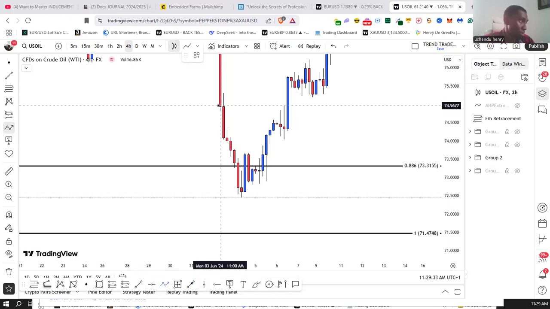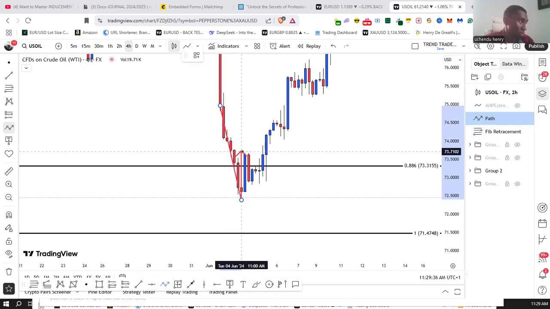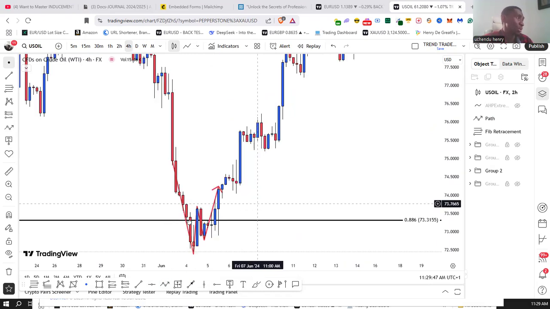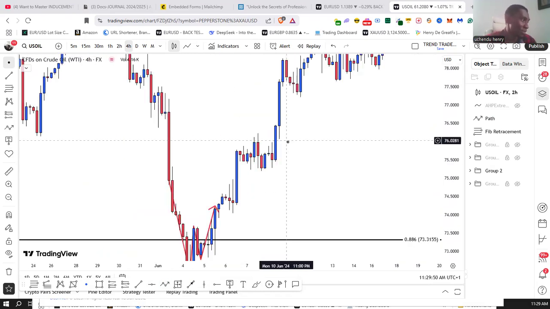There was no entry. From these points, price pushed all the way up and it continued to go. It did not come back here. It just pushed all the way up, and that was the end of it.